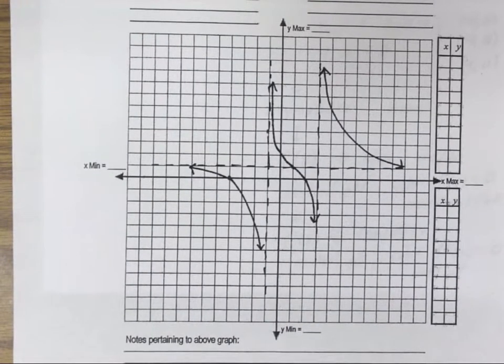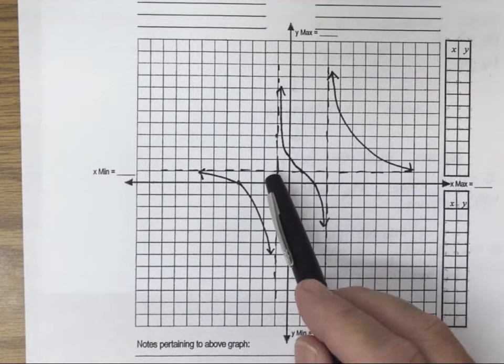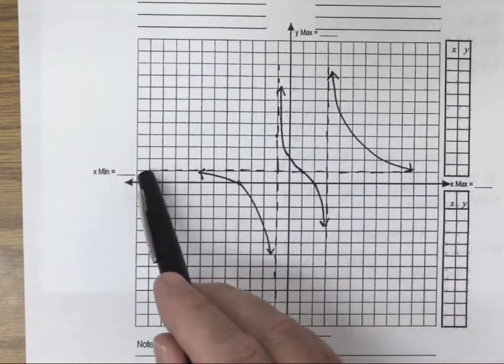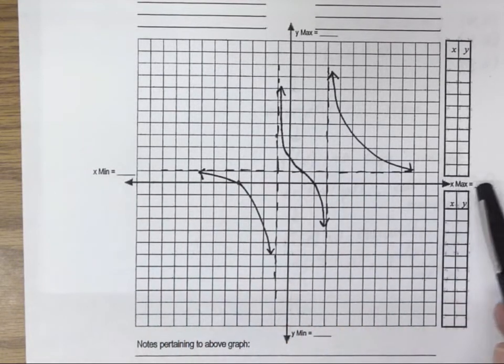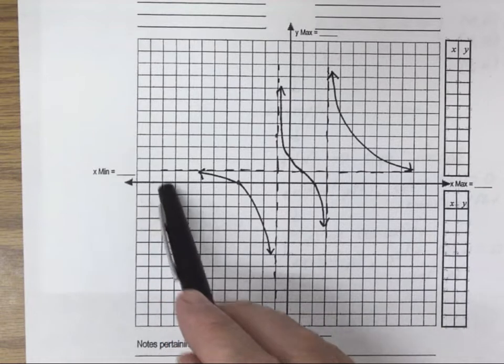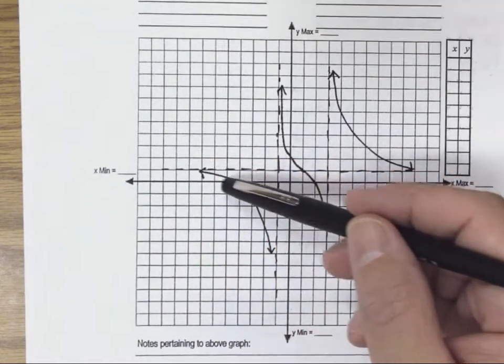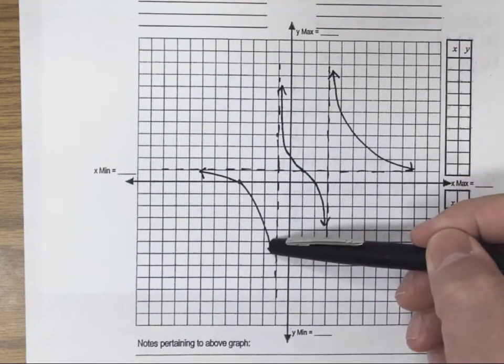So first of all, if you were to think about the domain, there are some breaks and gaps in here, because for the domain, we're looking at where the graph exists for these values of x. Well, I can see for the domain, it starts out here at negative infinity, and it goes until x equals negative 1, and then there's a gap.